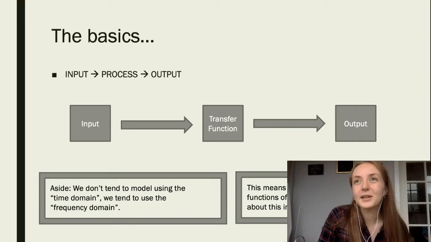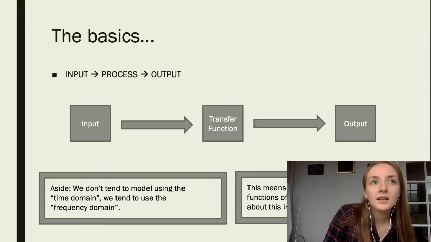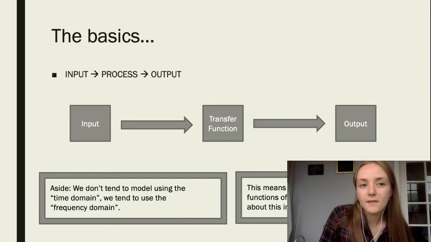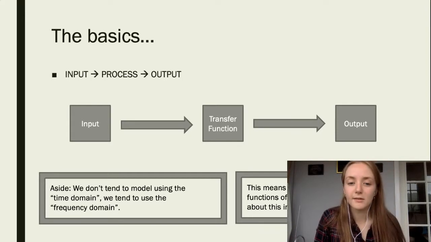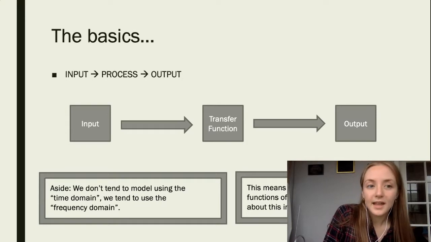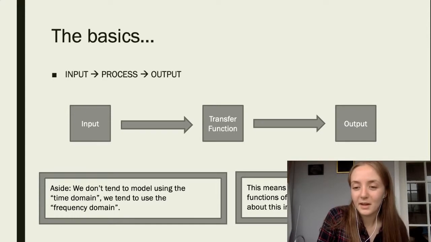But essentially what you do is you map your time domain functions as frequency functions instead. So you essentially just convert them into a frequency function rather than a time function. And we do this using something called a Laplace transform, which is something you become very familiar with in university.